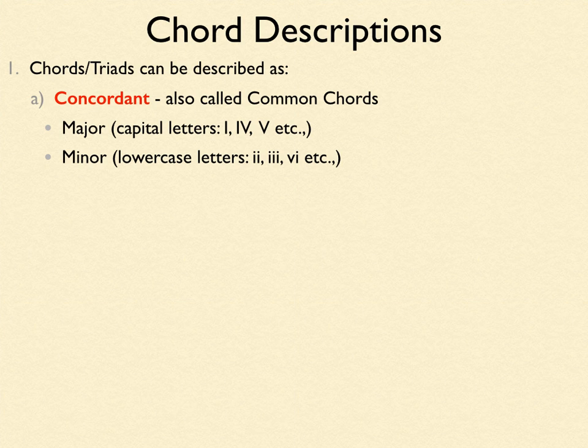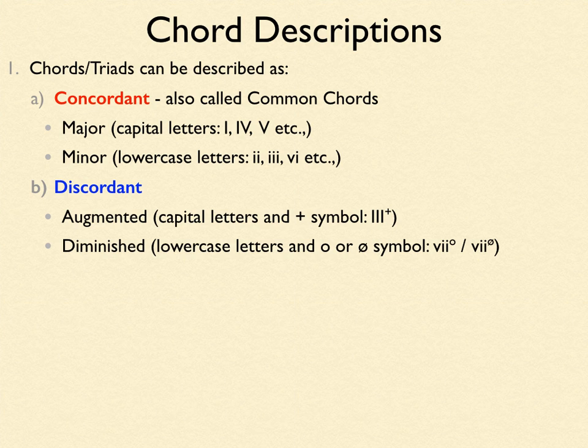But you also have discordant triads and chords. And these will be your augmented chords and triads and your diminished chords and triads. And if you remember from the previous lesson, when you're analysing an augmented chord, you use capital letter Roman numerals, but you also add that wee plus symbol next to those Roman numerals, just to distinguish the augmented chord from a major chord.